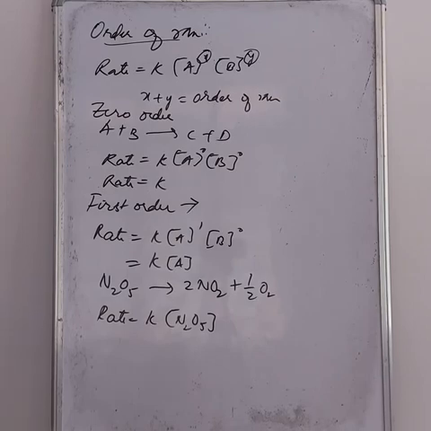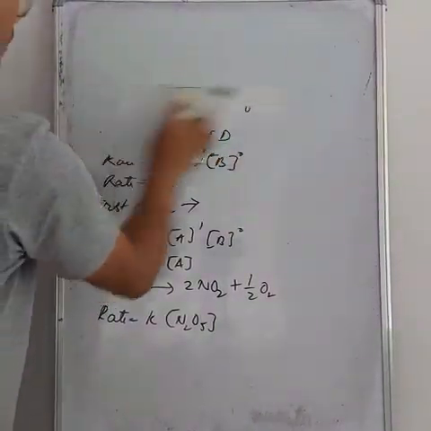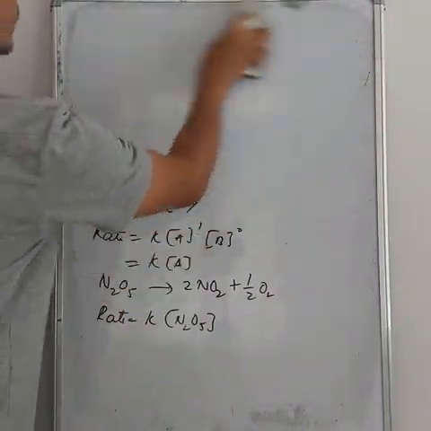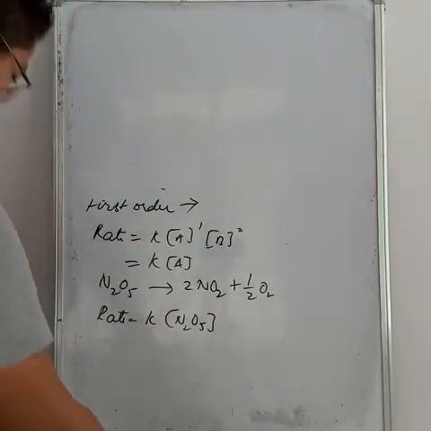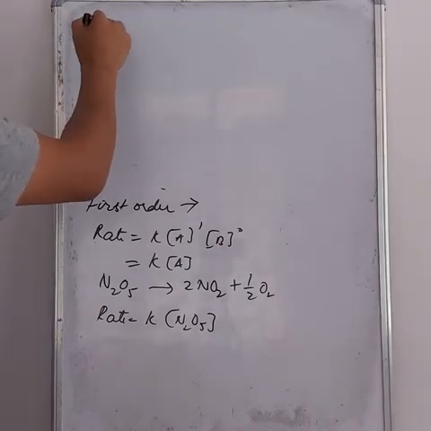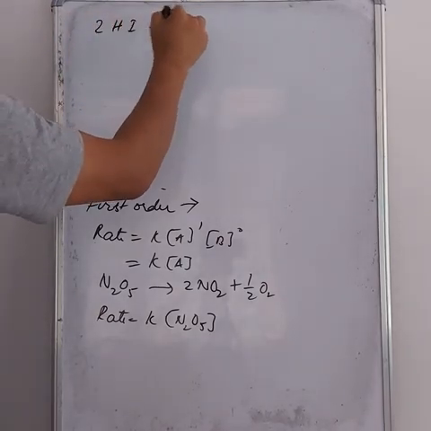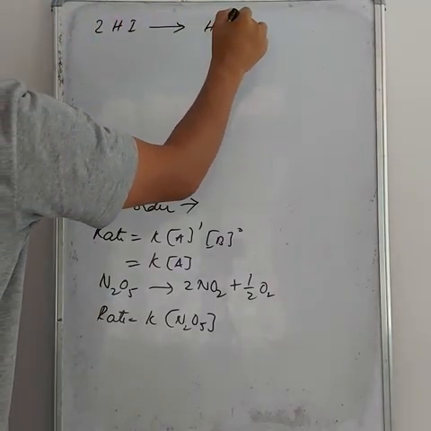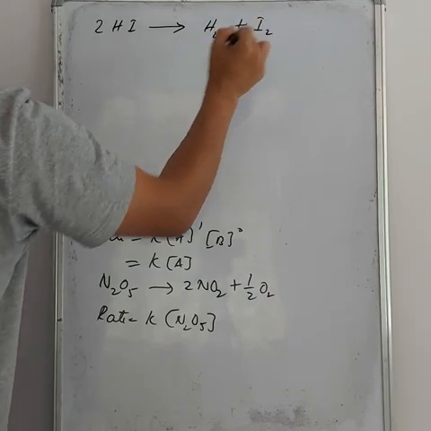Now, for example, let's take an example of a second order reaction. Of course, we'll focus only on the zero order and the first order, but to highlight the example, hydrogen iodide decomposing to hydrogen gas and iodine gas.